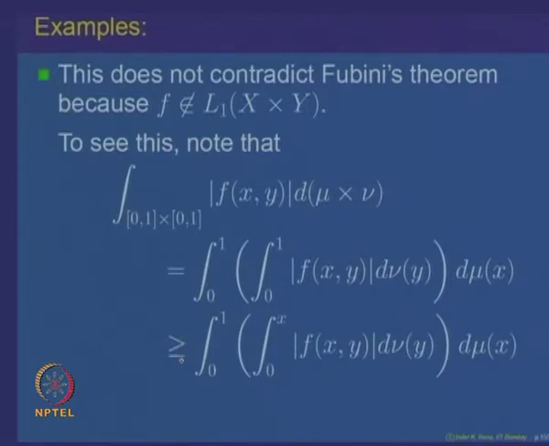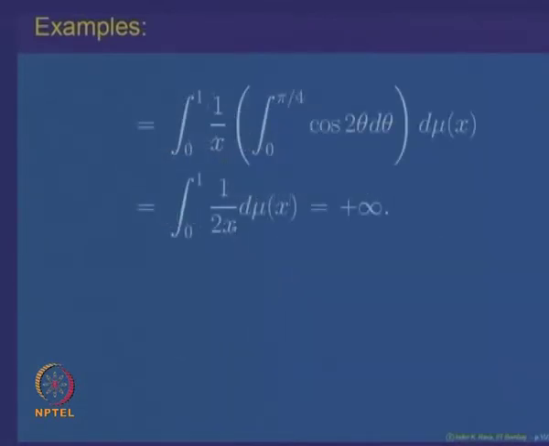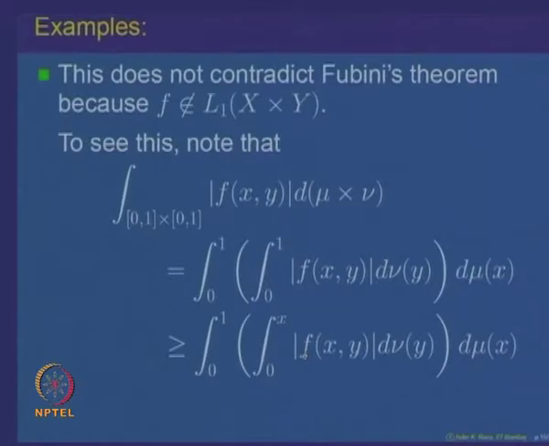So, the integral of the absolute value of f(x, y) with respect to the product measure is bigger than or equal to the integral 0 to 1 of the integral 0 to x of mod f(x, y) d nu(y). Here x is fixed with respect to y.